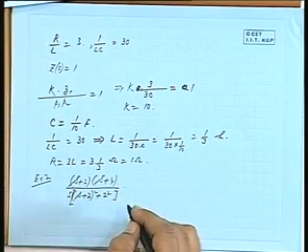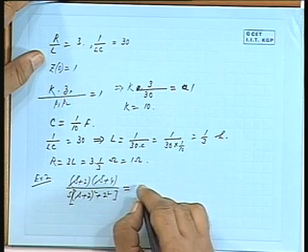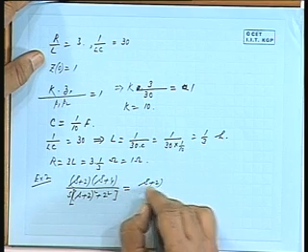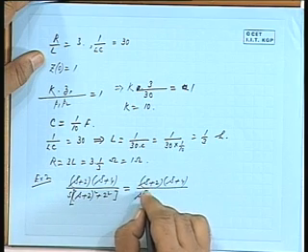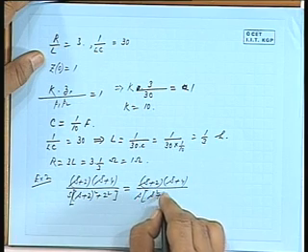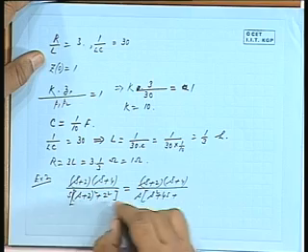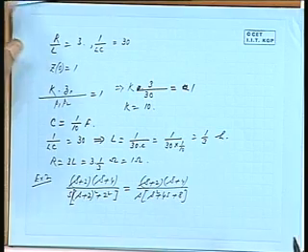Okay. You may write this as s plus 2 into s plus 4 divided by s into s square plus 4s plus 8. Basically this is the function.